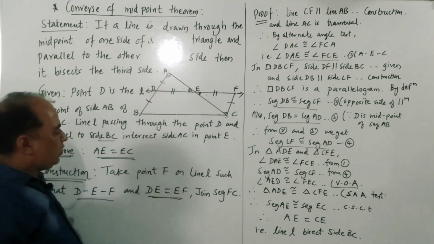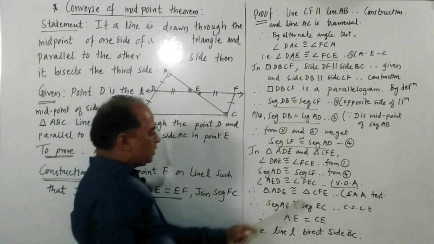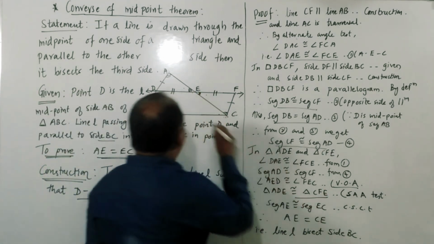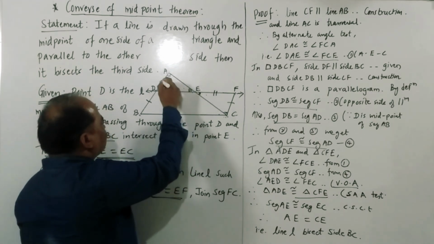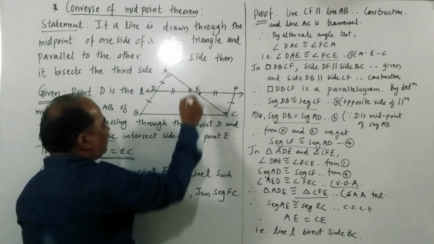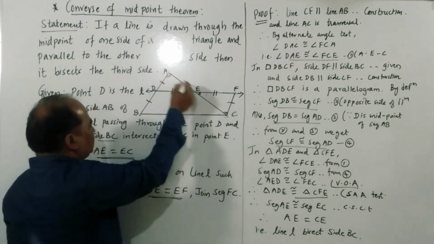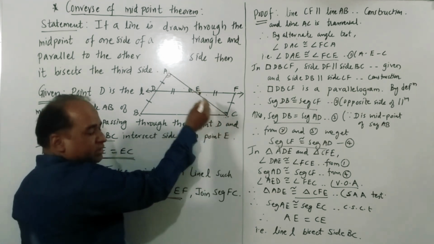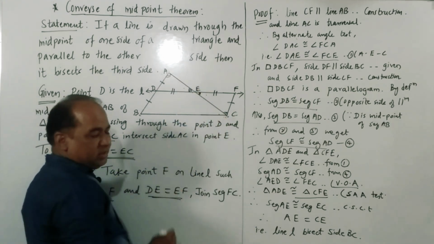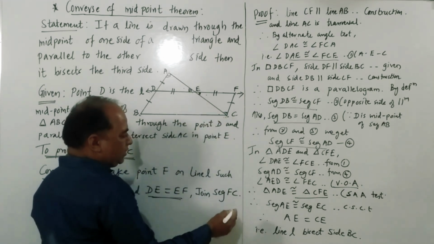So triangle ADE is congruent to triangle CEF by the side-angle test. Therefore, AE is equal to EC, being corresponding sides of congruent triangles.